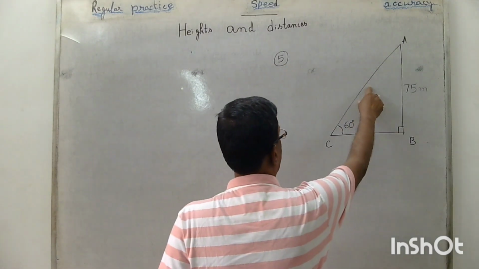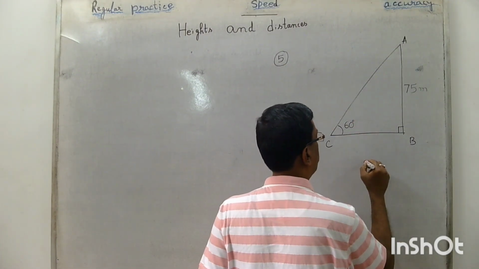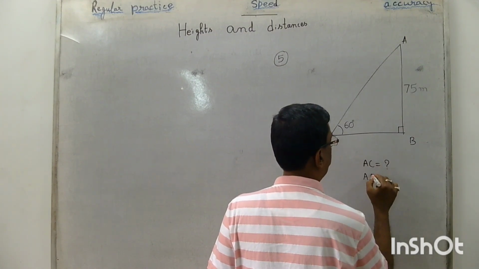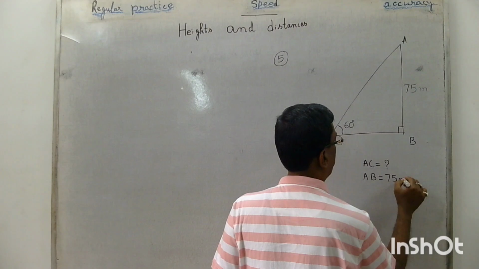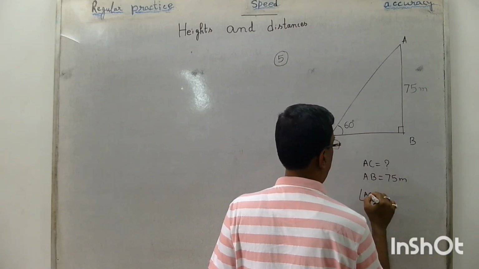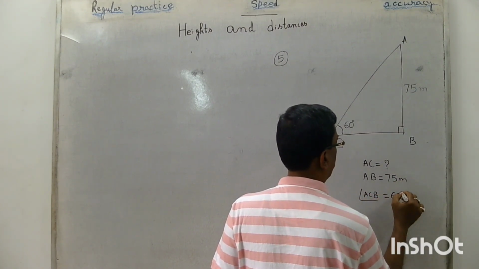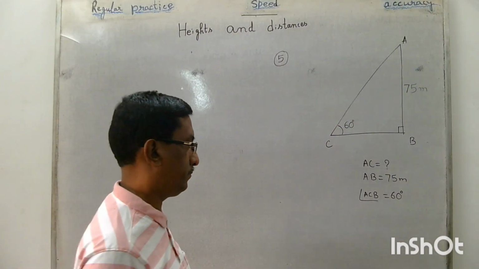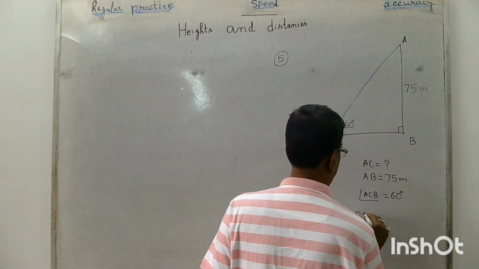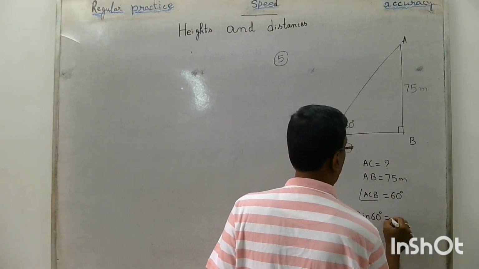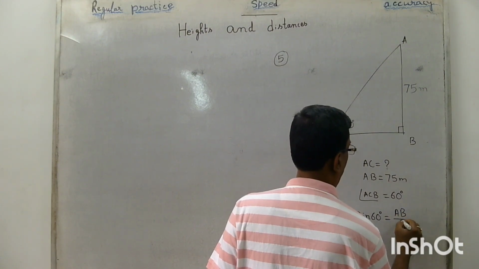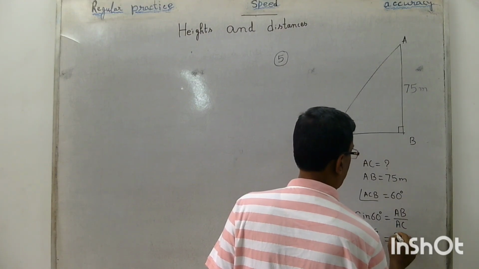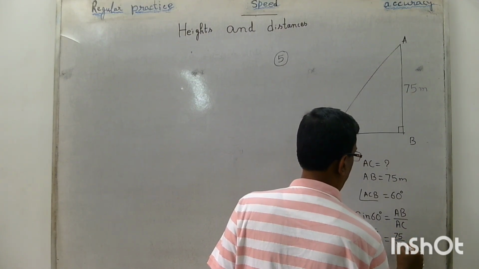We have to find AC. AB is given, 75 meter. Angle ACB is 60 degree. So perpendicular and hypotenuse, there is sine theta. Sine 60 degree is perpendicular by hypotenuse, root 3 by 2 equals 75 by AC.